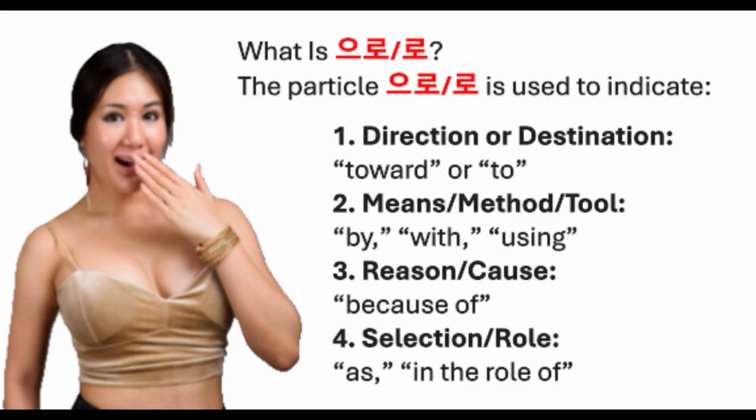Secondly, it is used to indicate the means, the method, or the tool, and it has the meaning of by, with, using. Thirdly, it is used to show the reason or the cause and has the meaning of because of. And furthermore, it is also used to show the selection or the role, and it has the meaning of as, in the role of.